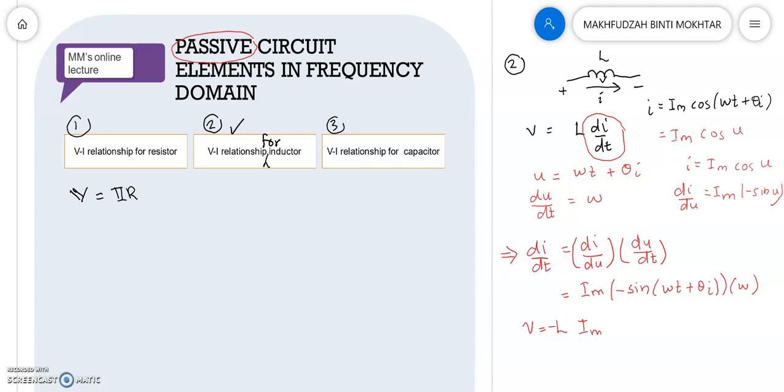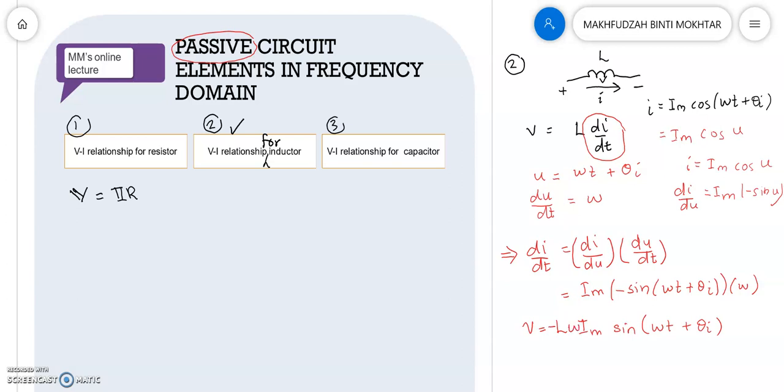So you can put the negative outside here. So we have negative L Im, and then we have sine omega t plus theta I, and you can also see the omega here. So I will put the omega here.